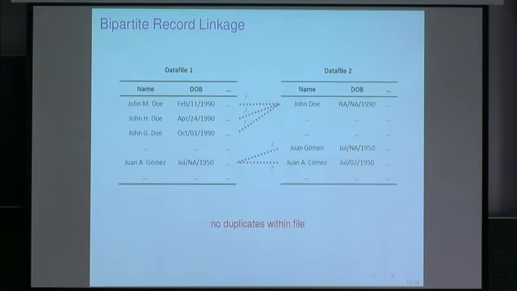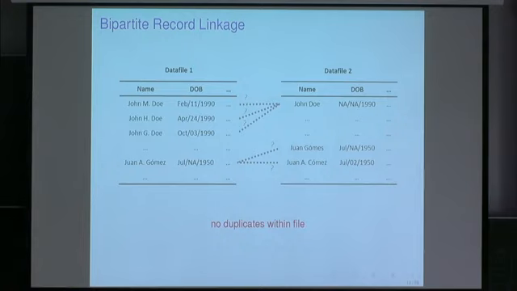So what is the traditional record linkage scenario? We have two files, and we assume that they don't have duplicates. We want to identify which records refer to the same people. But because we have only two files and assume no duplicates, that imposes a specific structure that we have to guarantee.